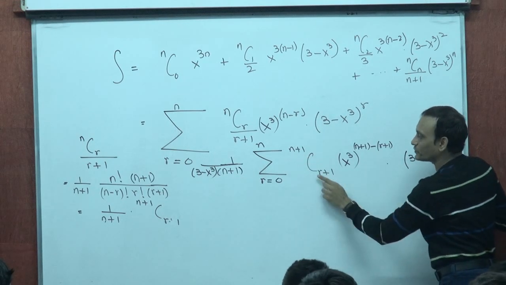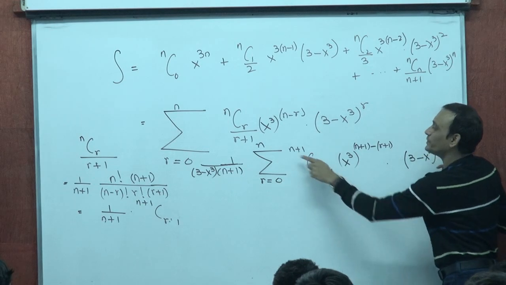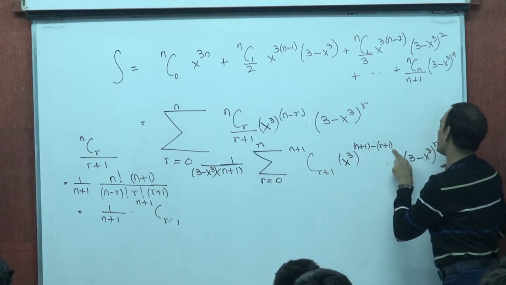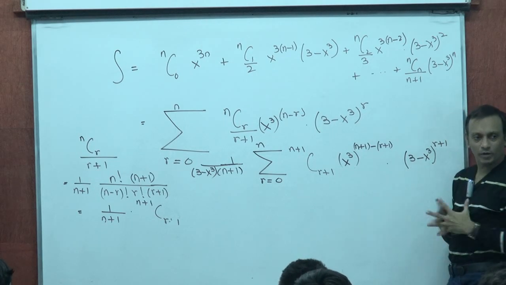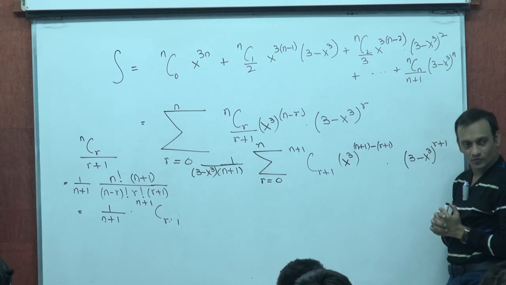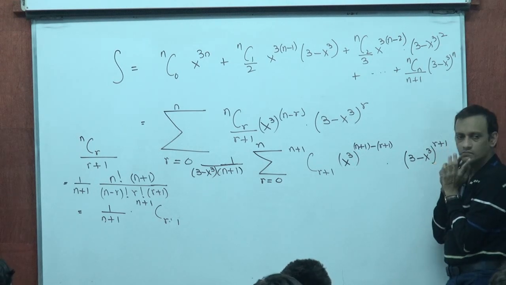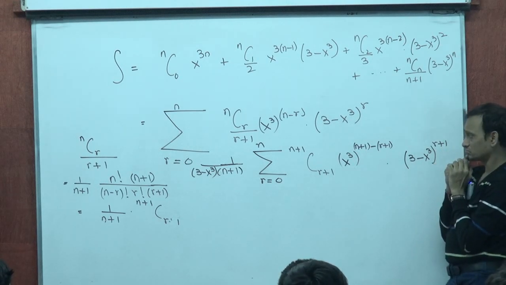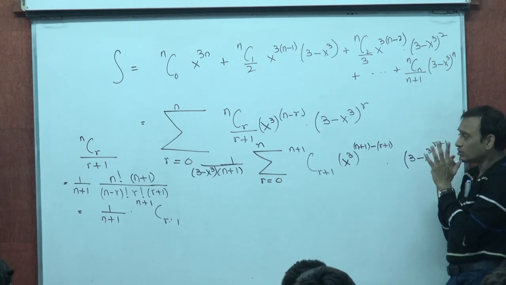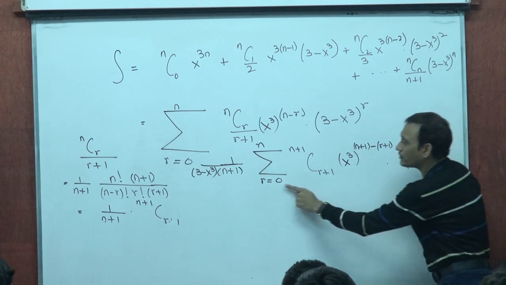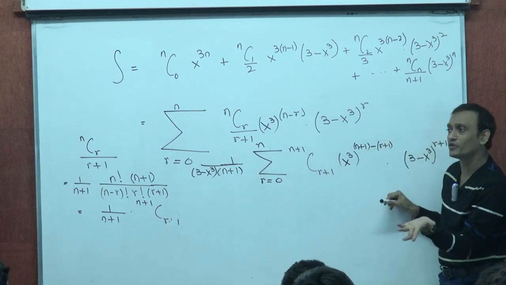If it started with r = -1, then this would be nCr a^(n-r) x^r, and a complete set of binomial terms would appear. So the only problem is: start from r = -1 and subtract the term corresponding to r = -1 here.